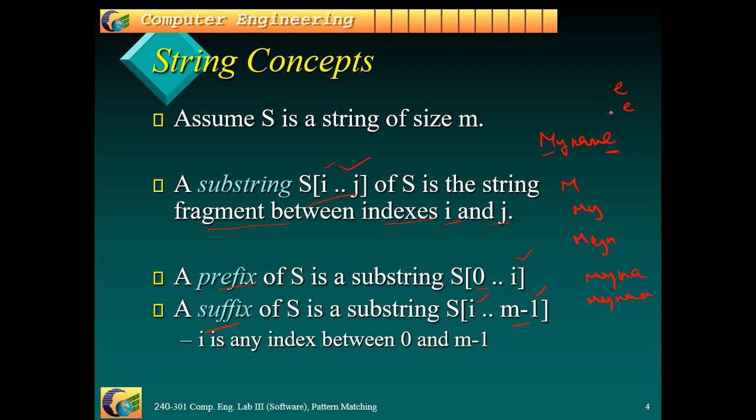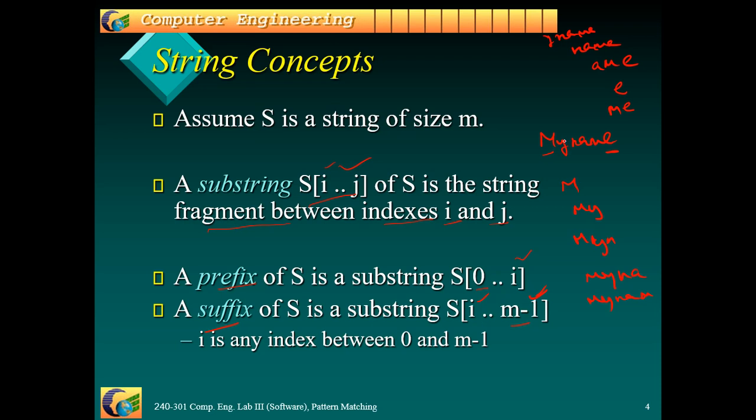You can say "me" is also a suffix of this "my name", or "ame" is also a suffix, or "name" is also a suffix of this particular "my name". Yes or no? And "y name". Yes or no? These are some of the suffixes, which will always have the last character of the string.